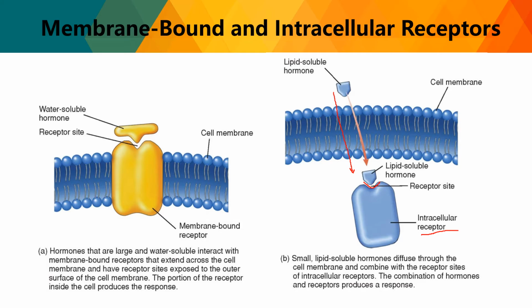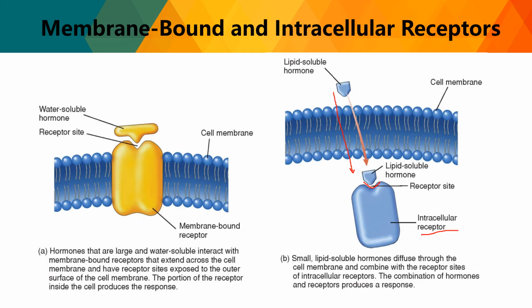Okay? So, again, pagka mga water-soluble hormones, usually, ang mga receptors nila ay embedded mismo sa cell membrane and makakadikit or makakapag-combine lang yung mga water-soluble hormones kapag nasa labas yung receptor site, sa labas ng cell membrane.